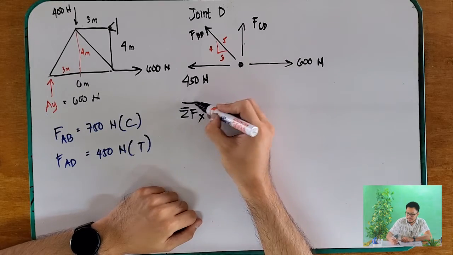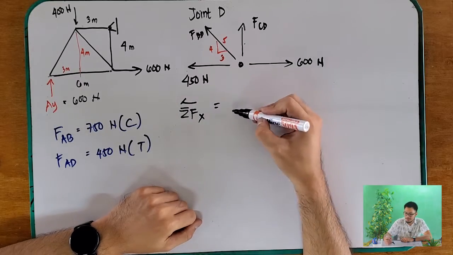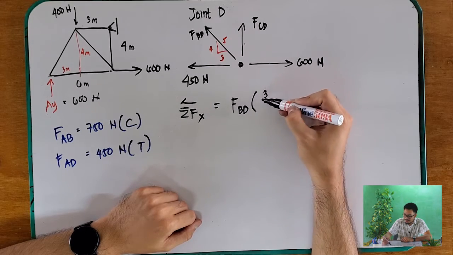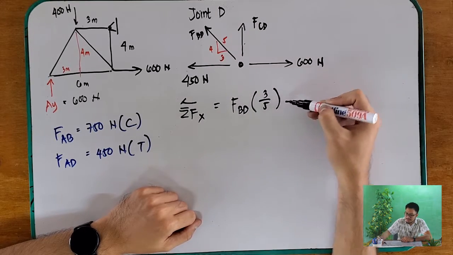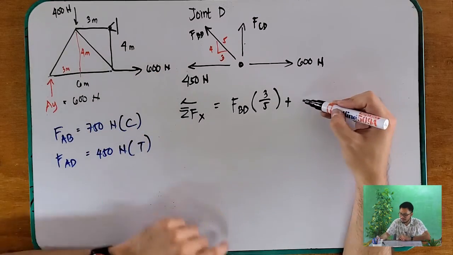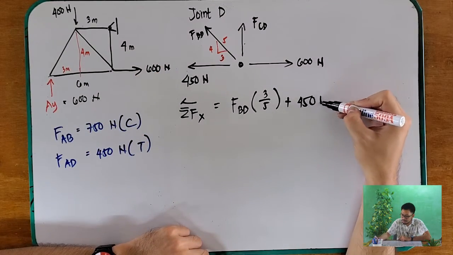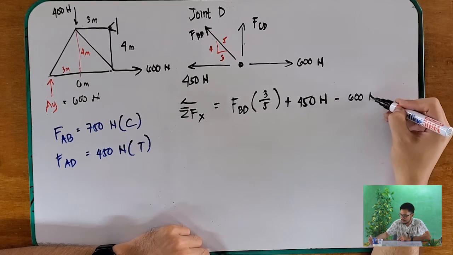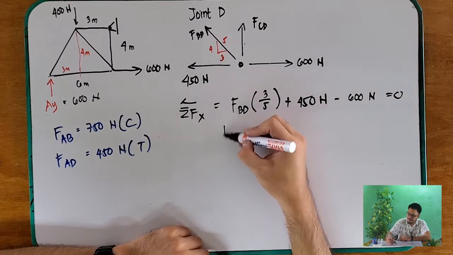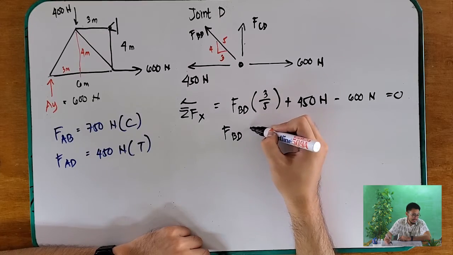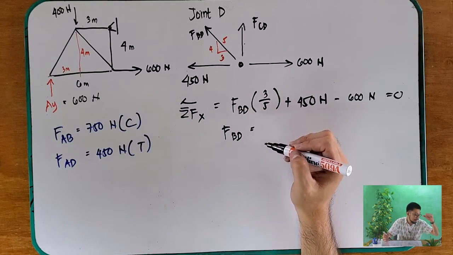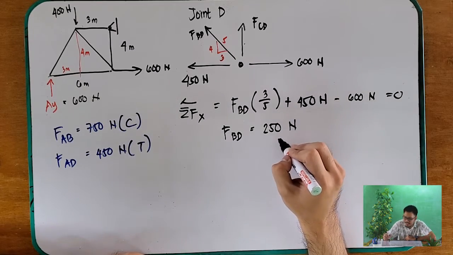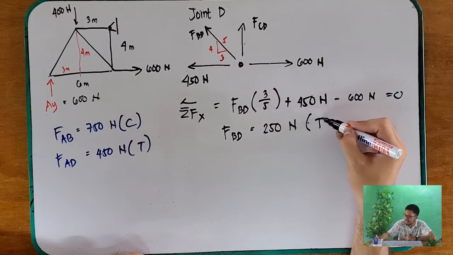So FBD times 3 over 5 plus 450 newtons, and then we have another one minus 600 newtons. That is equal to 0, and your FBD has an answer of 250 newtons. Since this one again is positive, so therefore this is in tension.